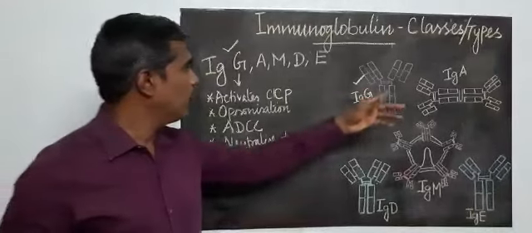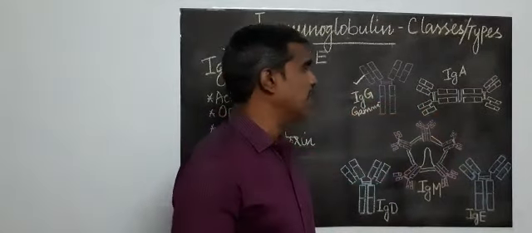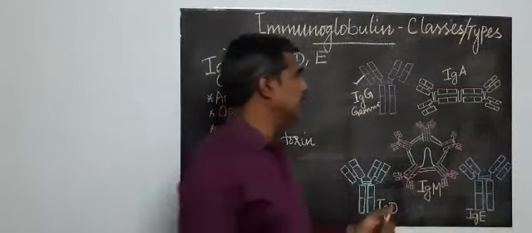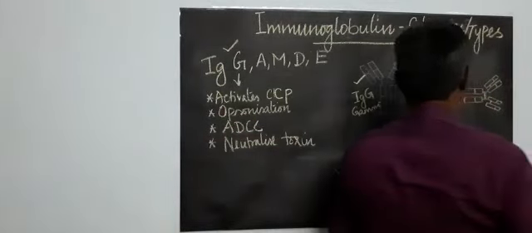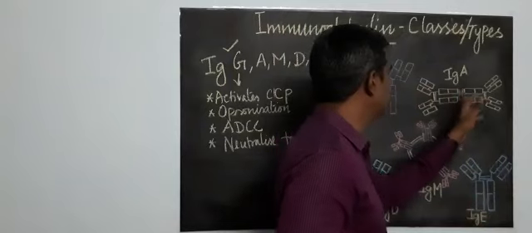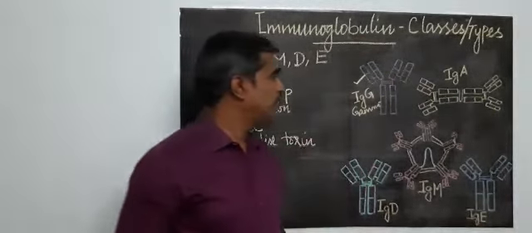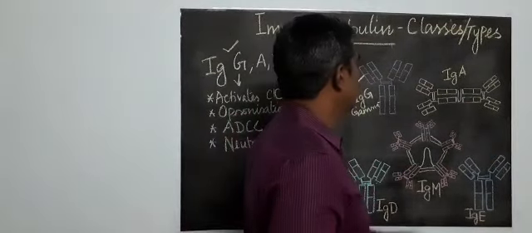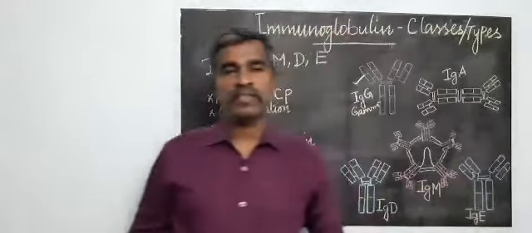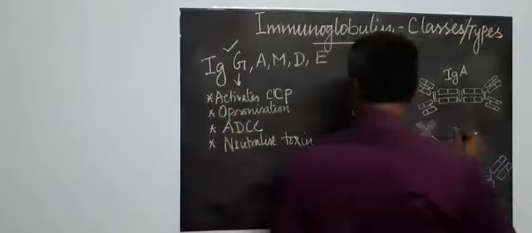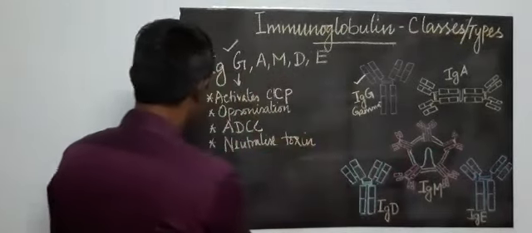The second immunoglobulin which we are going to see is IgA. Here it is a dimer, so 2 monomer units form a dimer. This IgA is mainly present in the mucous membrane.